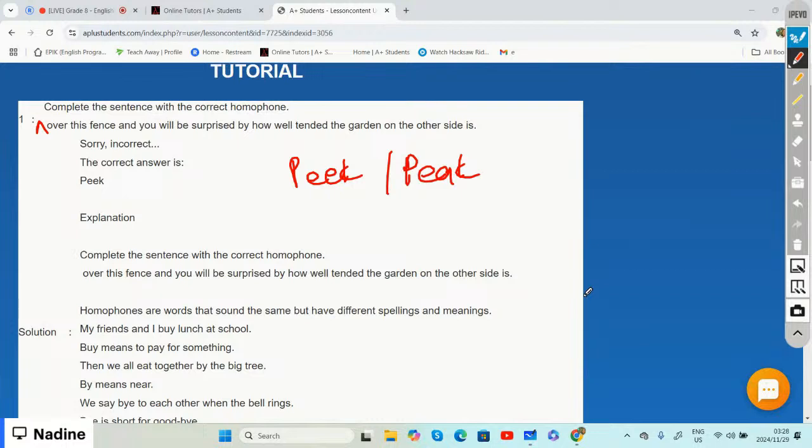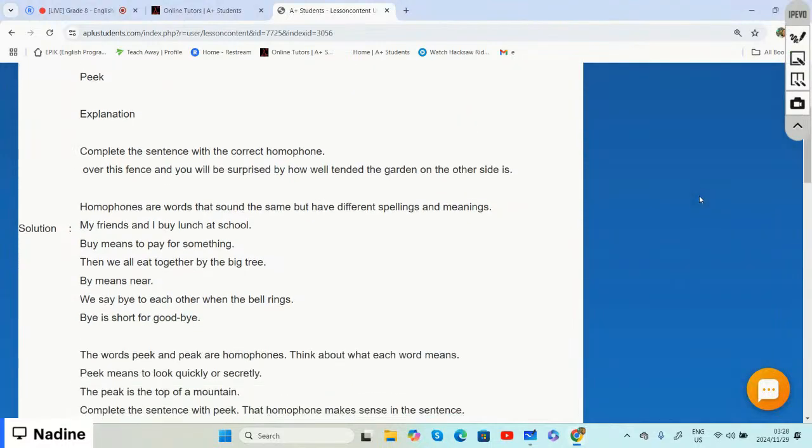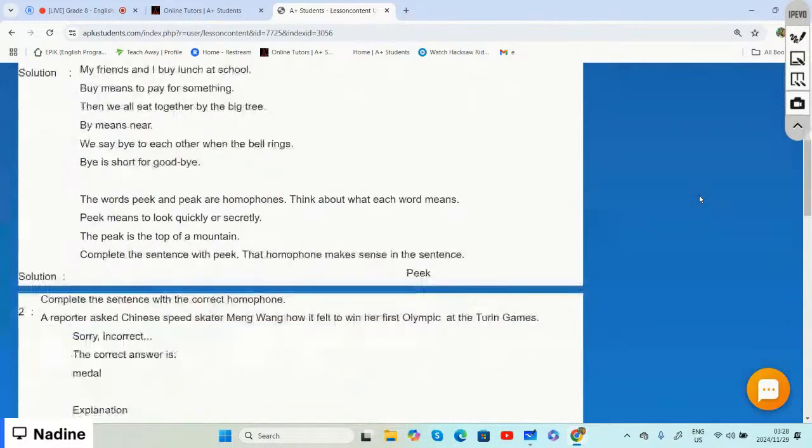If we were to choose the correct answer, then we will say peek over the fence. It's like look over the fence. And you will be surprised by how well tended the garden on the other side is. So peek.